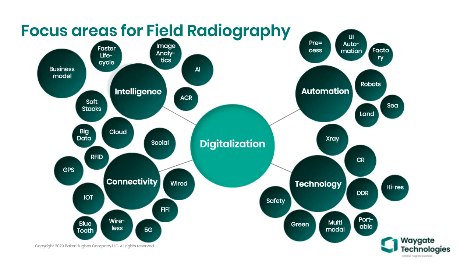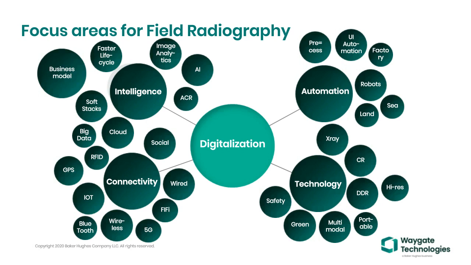The third focus area is what we call connectivity. Of course, there we think about connecting devices with software, connecting the software with cloud-based solutions, using 5G, Bluetooth, wireless, even using GPS data to make sure you know where the inspection has been taken, using RFID, QR codes, all focused on connectivity.